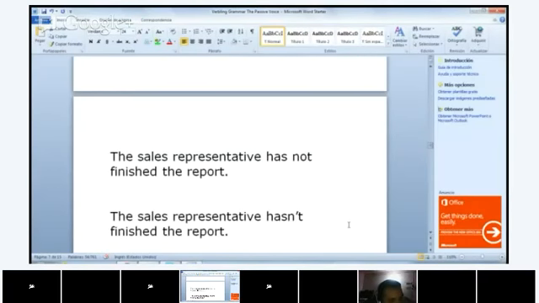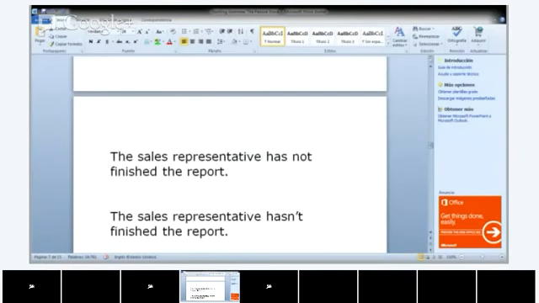And then how about the question? Does someone have an example of how you would express this idea as a question? Who has finished the report? Excellent. Okay, I like that question.